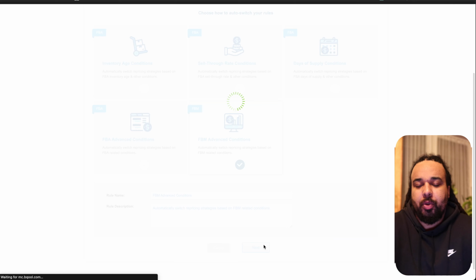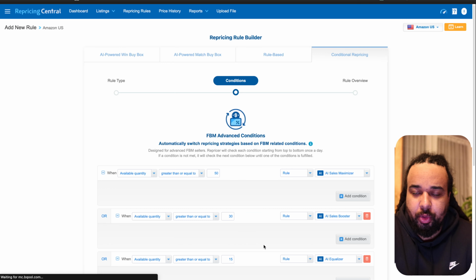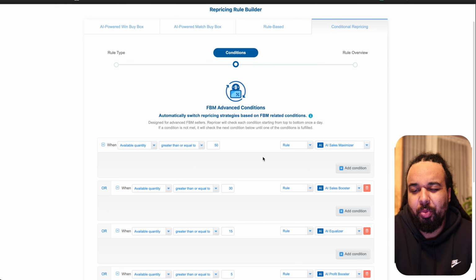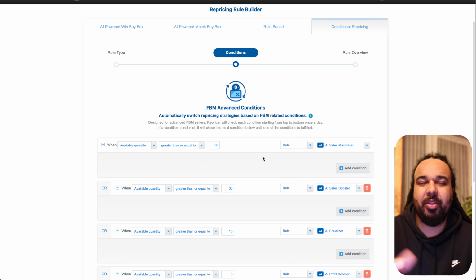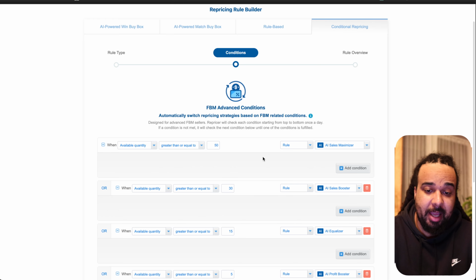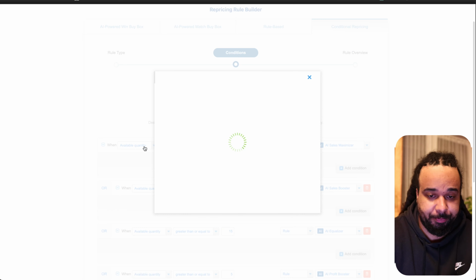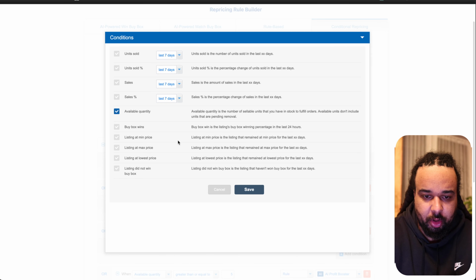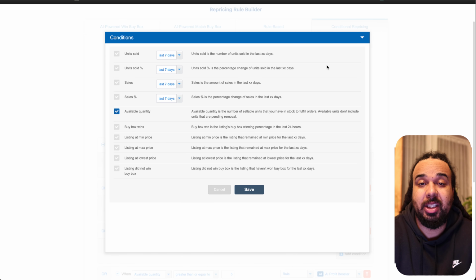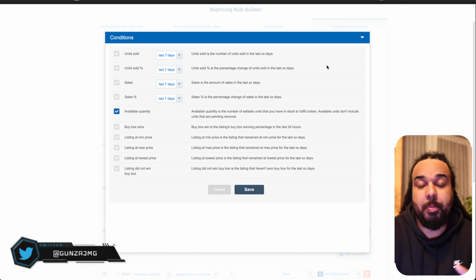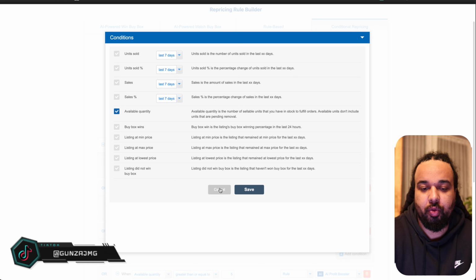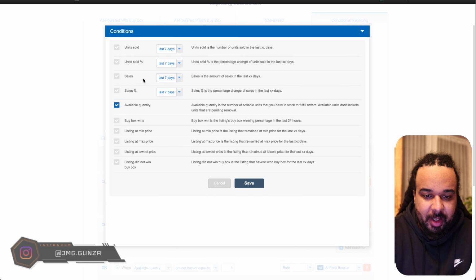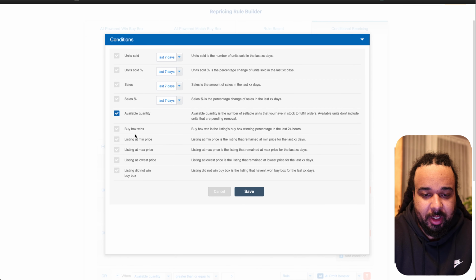If you want to look at it quickly, those two rules really let you tweak stuff as much as you want, because as we saw with the days of supply, you can start tweaking it way more than if you were to do it just with the regular days of supply conditional rule, right? Same things here are the few things that you can look at.